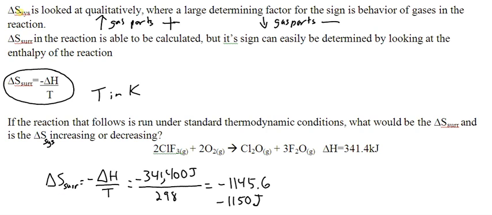Now when it comes to the change in entropy of the system, remember it's going to be the gas parts that's going to be the main determiner. If there is no gas, then there are other inspections that you can make, but gas parts is going to be the biggest determiner.